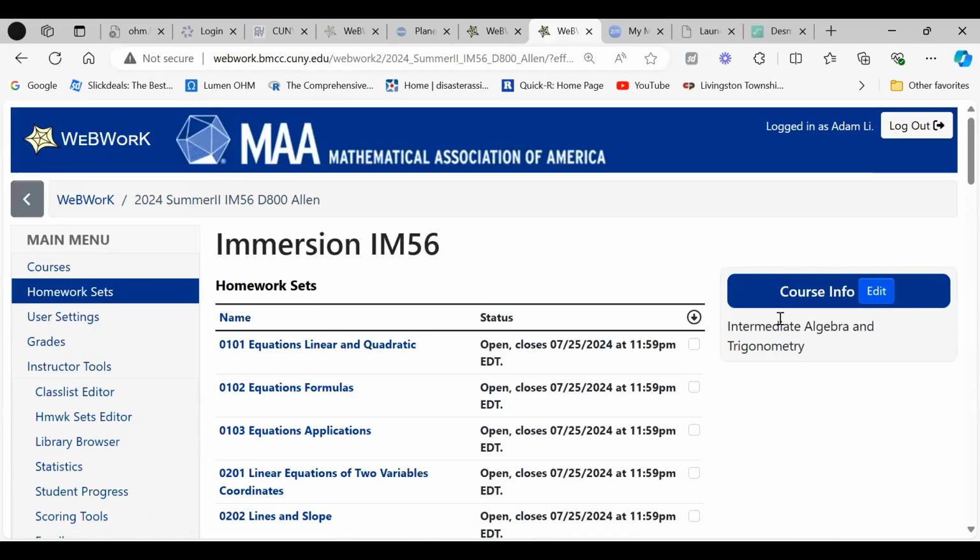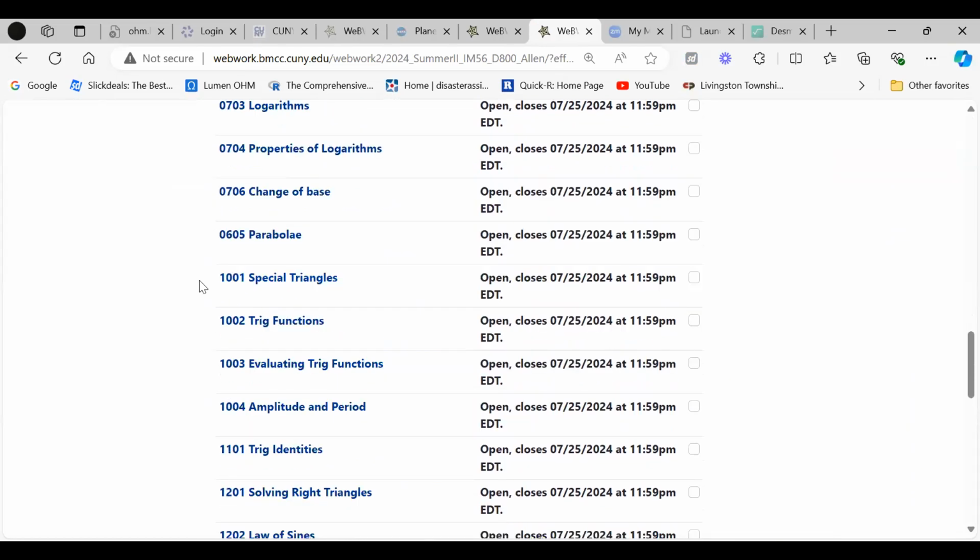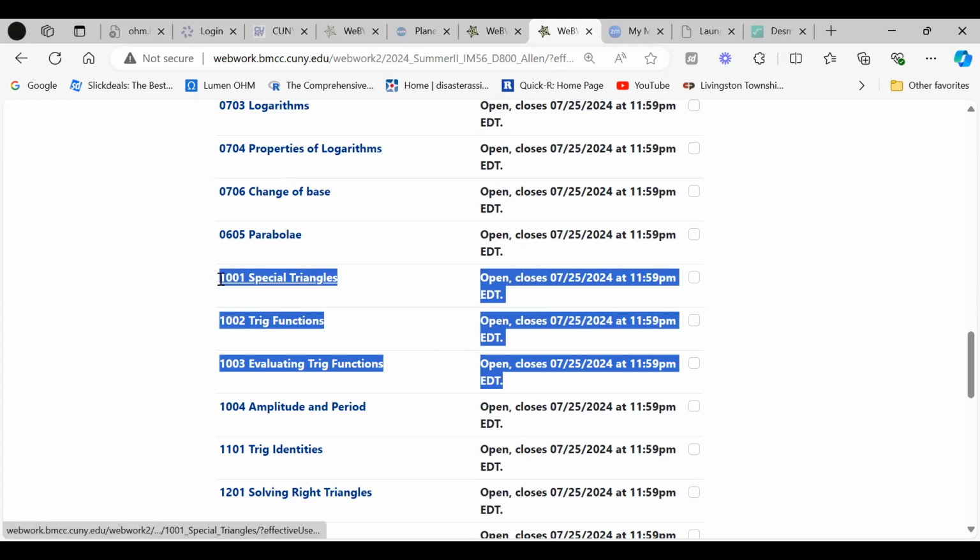And then on Wednesday, we're going to review for the final exam. So today's homework will be these two, and then half of 10.3, so these three. Half of 10.3, okay. And before we end the session, do you have any questions?